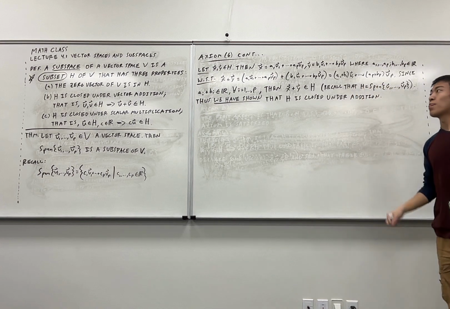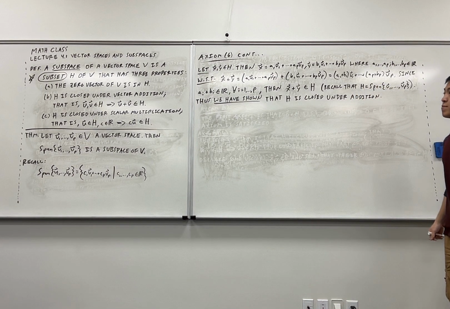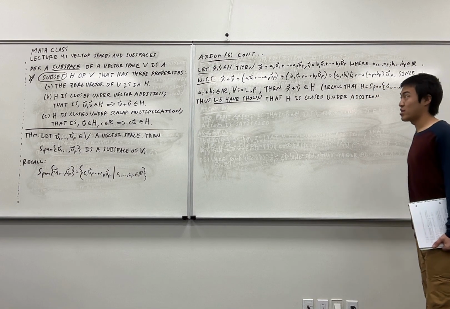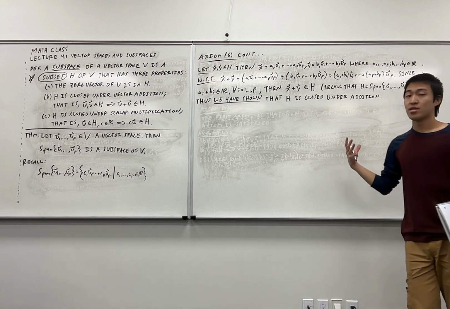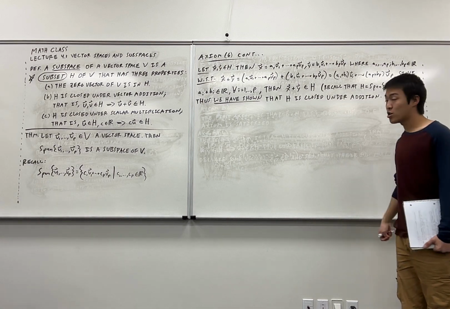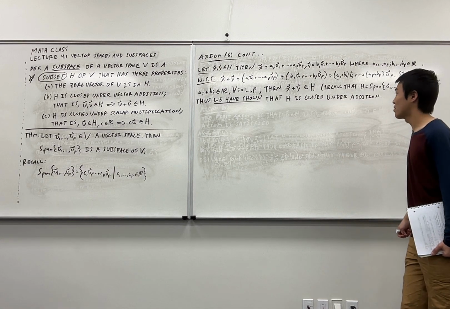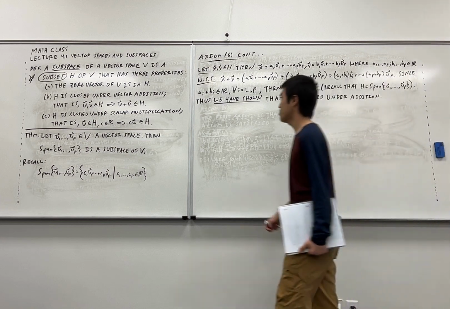So great. We were able to show that if I have x and y in H, then their sum is in H, which means that this H subset is closed under the addition operation. Okay, so there's one more axiom.